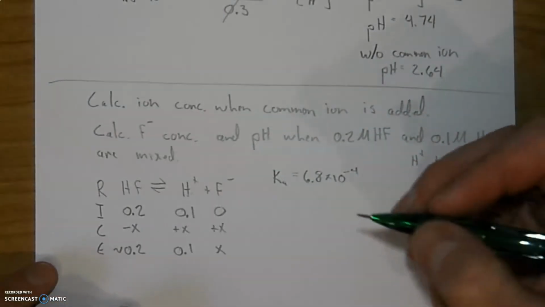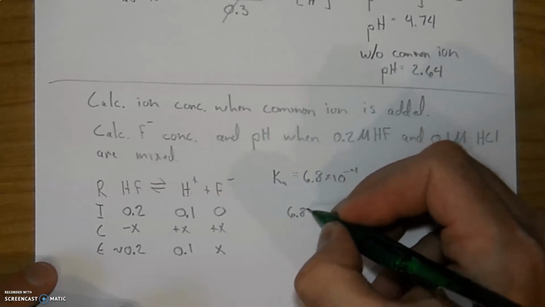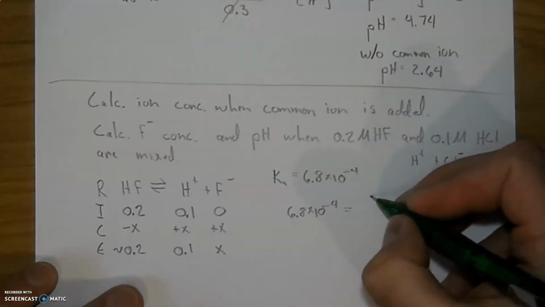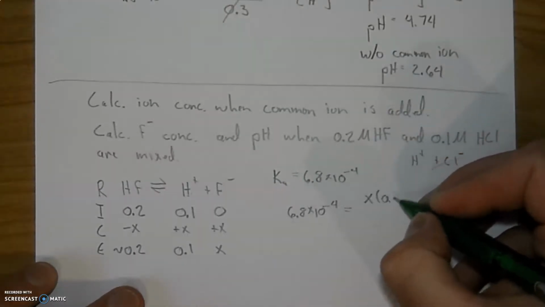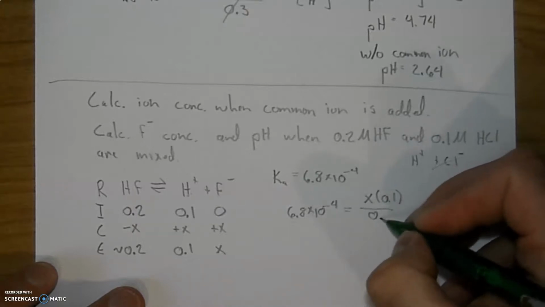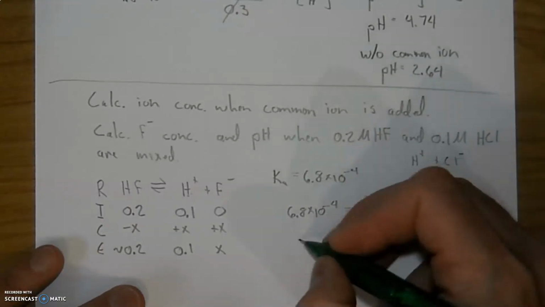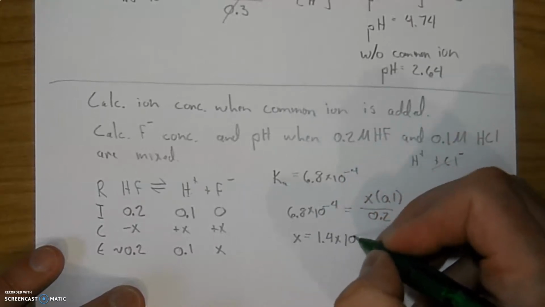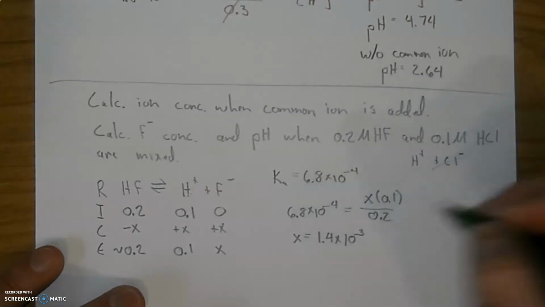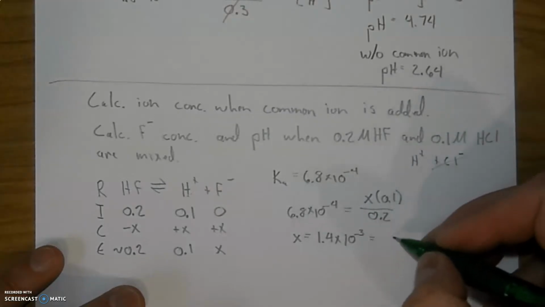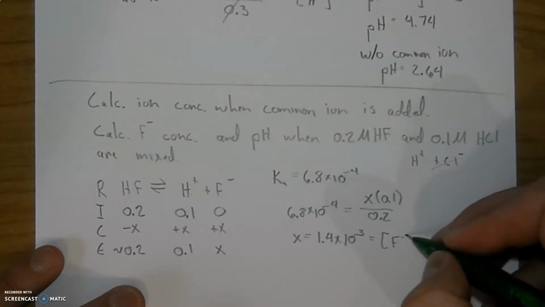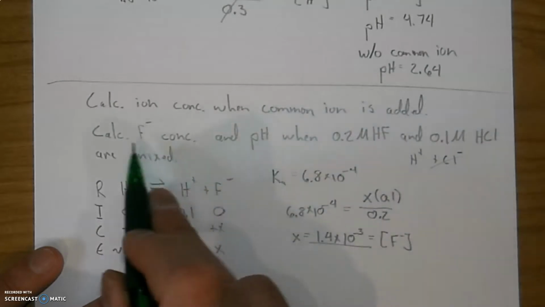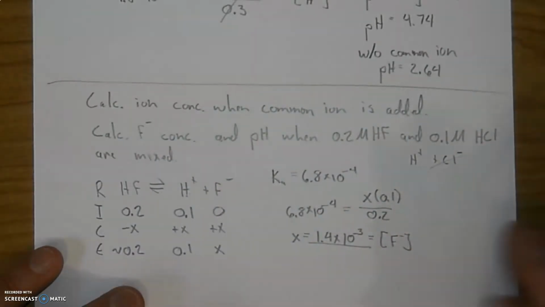If we go ahead and run the equation here, 6.8 times 10 to the negative 4 is equal to x times 0.1 over 0.2, we will find that our x value is 1.4 times 10 to the negative 3, which is equal to x, which is equal to the fluoride concentration. Okay, so that is the contribution. That was one of the questions that we had. Calculate the fluoride concentration. Fantastic, got it.